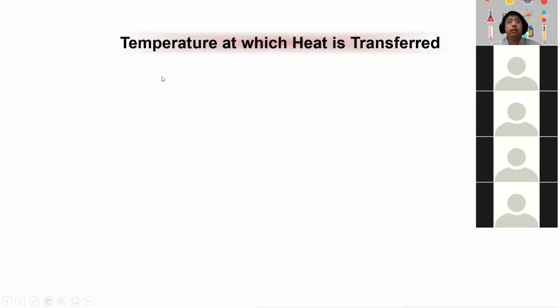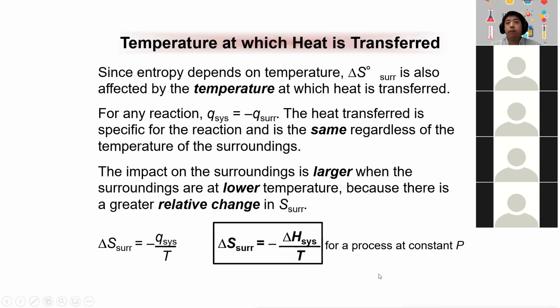So with that said, we can go ahead and expand and write this equation down. Our delta S surrounding is related to mainly the exothermic or endothermic reaction. So my delta H, in other words, the change in enthalpy. And it's also affected by temperature to a degree. So I'll give you a second to copy this down. This is a very important equation.